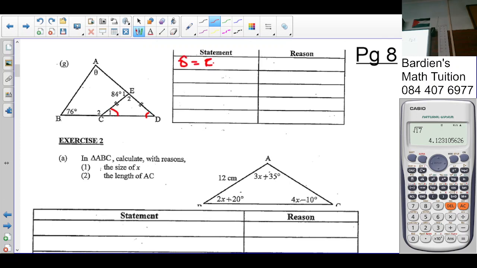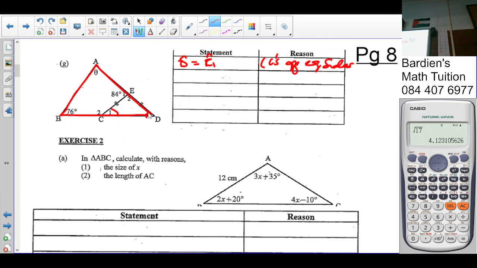Why? Angles opposite equal sides. So now we want the size of angle D. Why do you want the size of angle D? So that we can go with sum of triangles there.